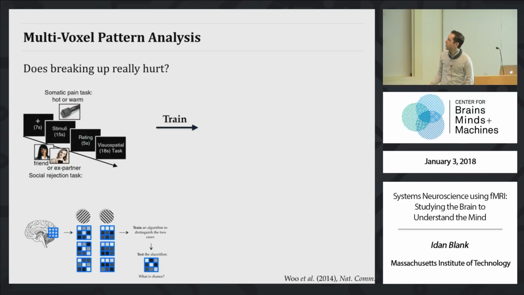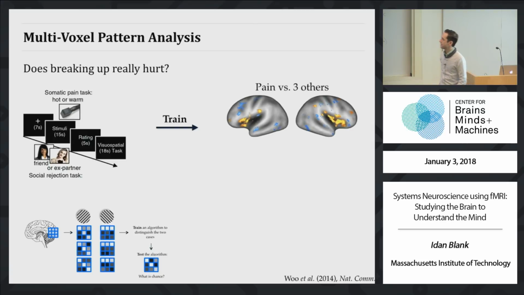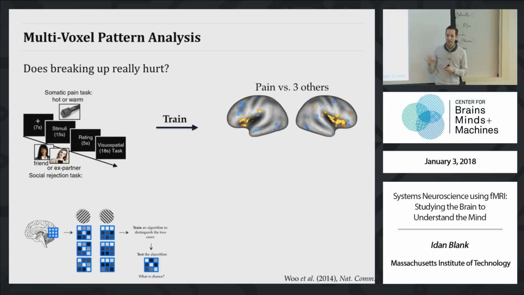Now, here's what they trained. The first thing they trained is they told the algorithm, find me the brain regions where you can tell apart pain from warmth, ex-partner, and friend. So pain versus all of the other three conditions. And you have this window of several voxels, and you slide it across the brain, and you ask, what regions of the brain contain information that allow me to tell apart pain from everything else?